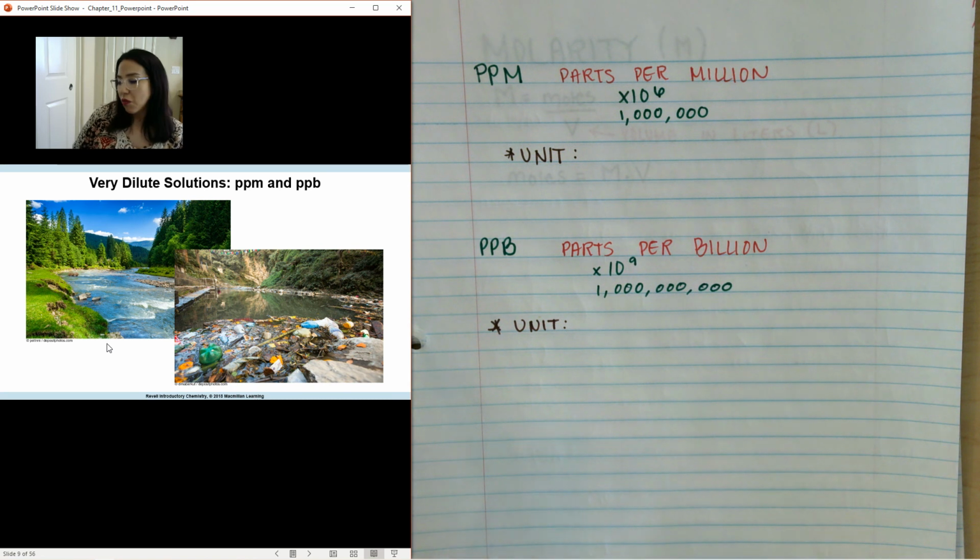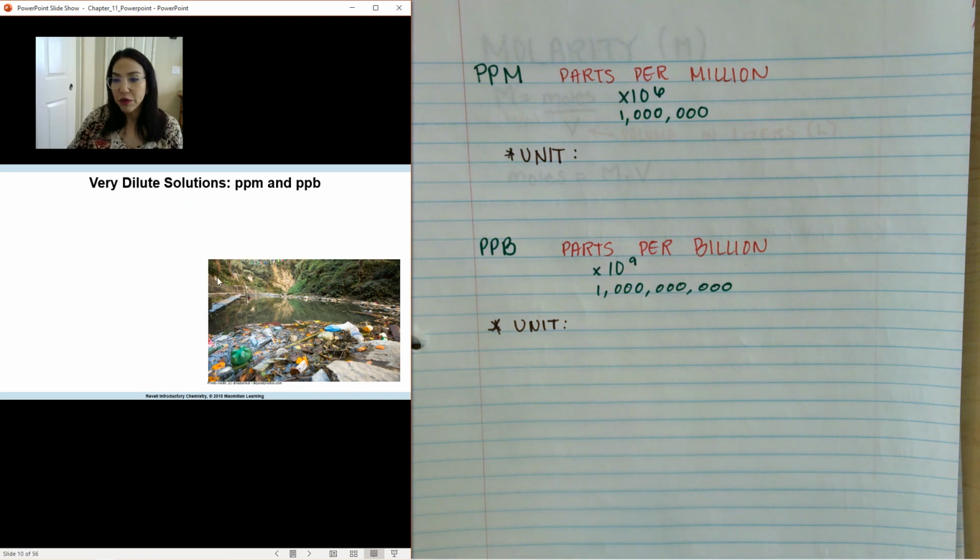Our waters have been contaminated by a lot of different plastics and trash and whatnot. And there is a certain amount of this when it gets filtered. A certain amount of that contamination, like PFAs or something, is actually allowed in our drinking water. And the amount that's allowed is in parts per million or parts per billion.